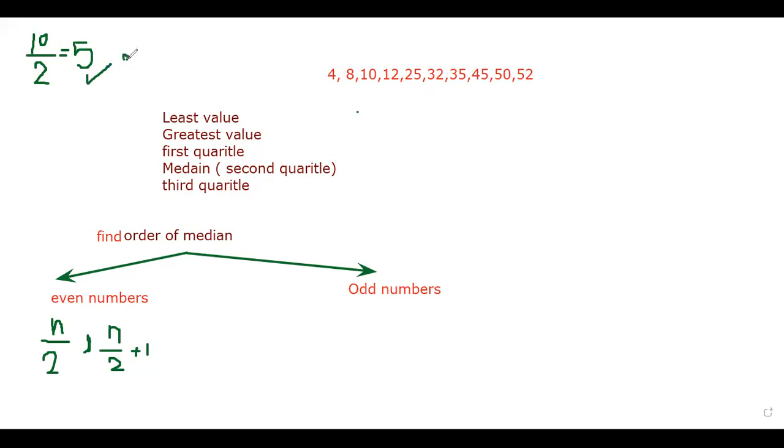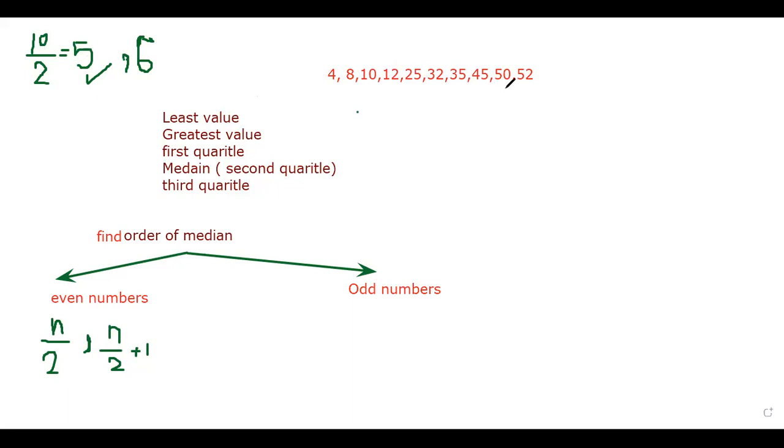After 5, you have what? Could you please unmute to answer? 5 and what? 5 and 6. Then if the order of median is 5, it will be 5 and 6. If it's 6, it will be 6 and 7. If 8, it will be 8 and 9, and so on.